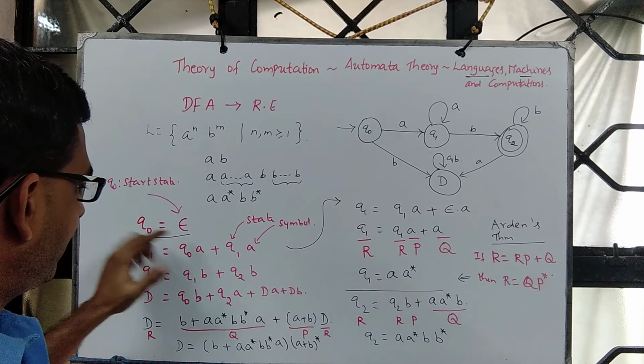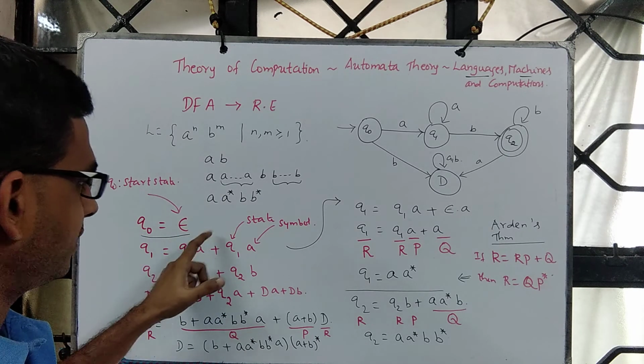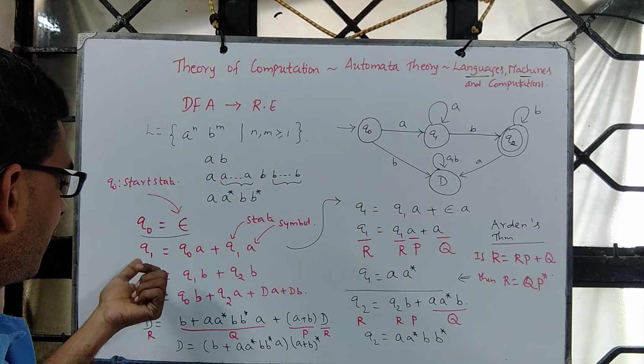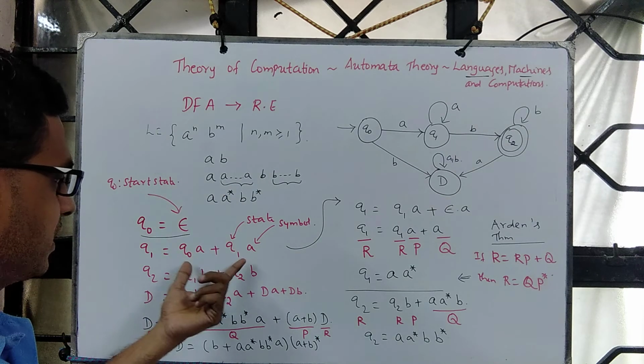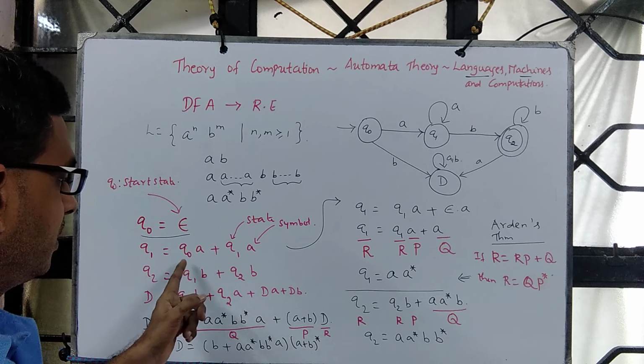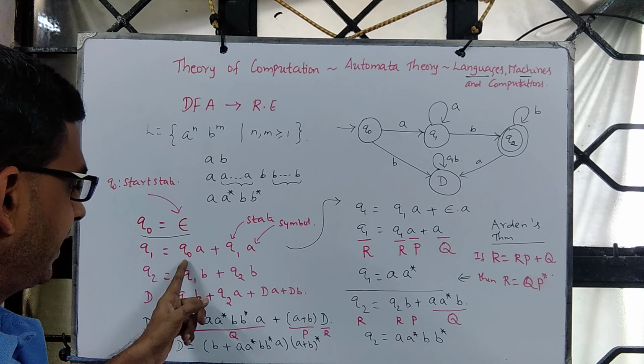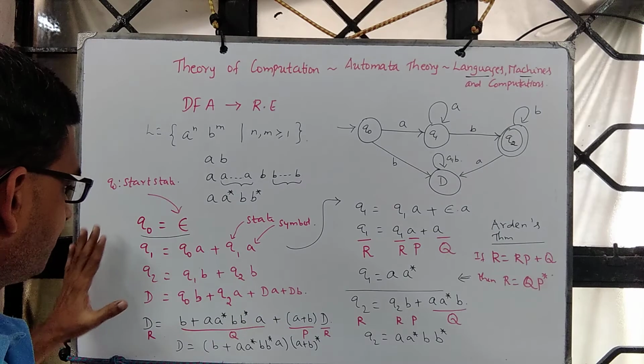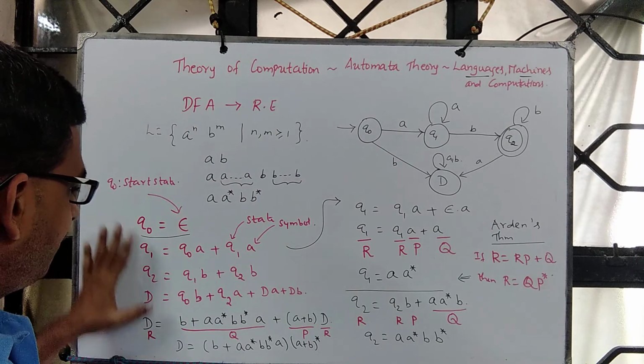For the start state it is epsilon plus, in case there are incoming arrows, that part should be written. For Q1 we focus only on incoming arrows, so you write state followed by the symbol, state followed by the symbol. Now start simplifying it.